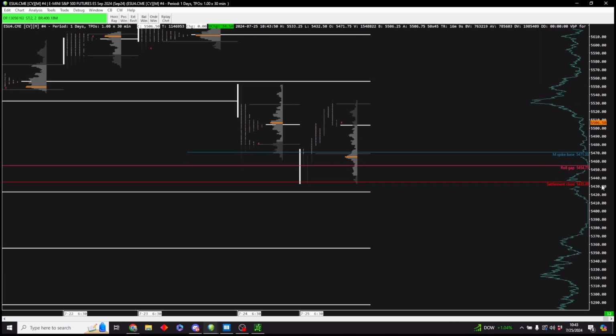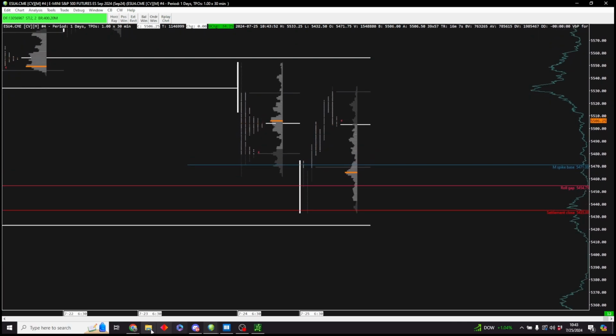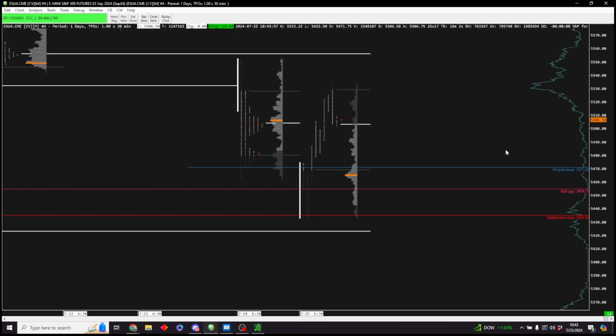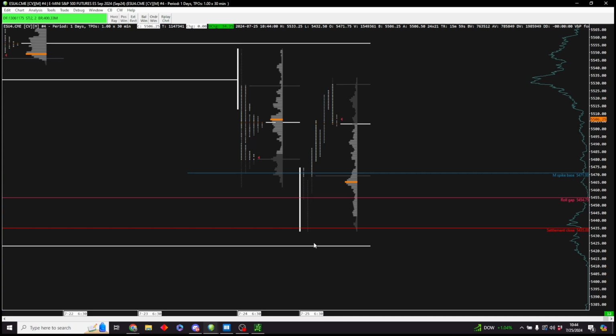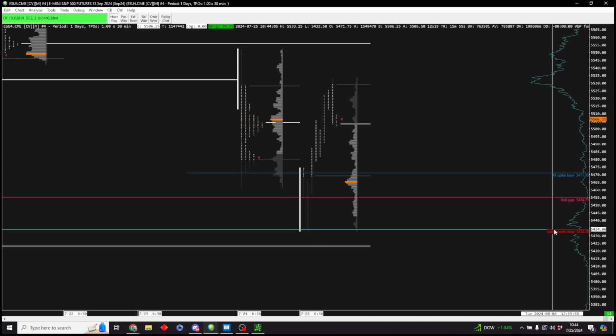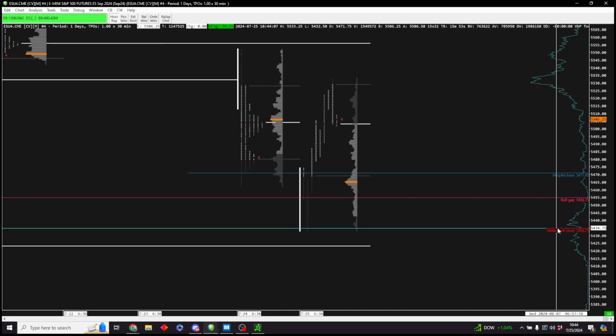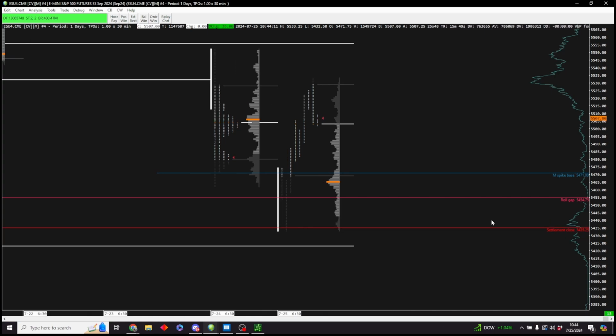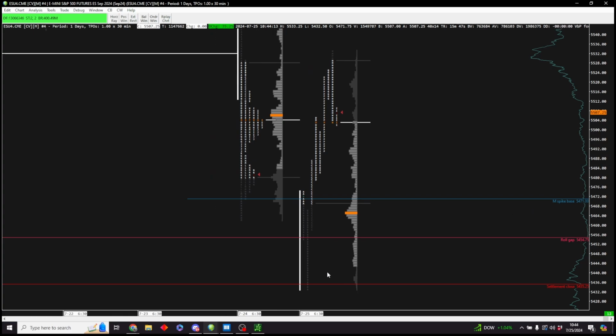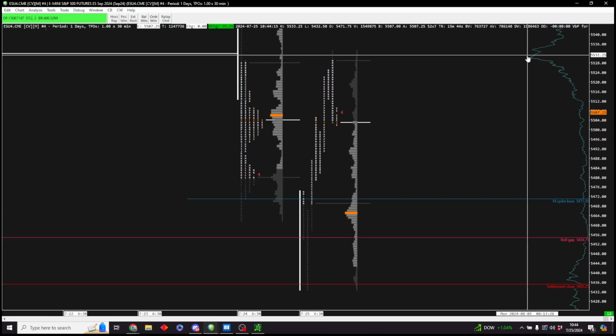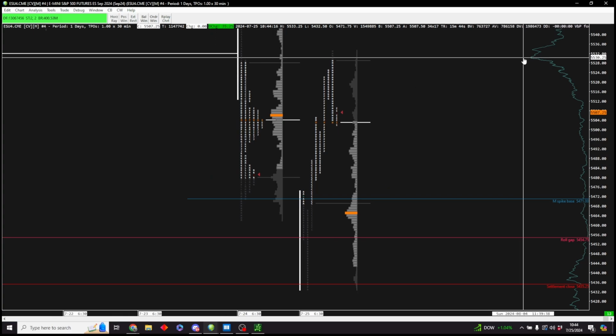So we came into, like I said, price in initiative action likes to find old value. We came into this old value. You can see here, this old value area at these 3-5s, call it 3-7s, 3-0s. Immediate bounce out of that, and we gravitated right back into this value area here, into those 3-0s.